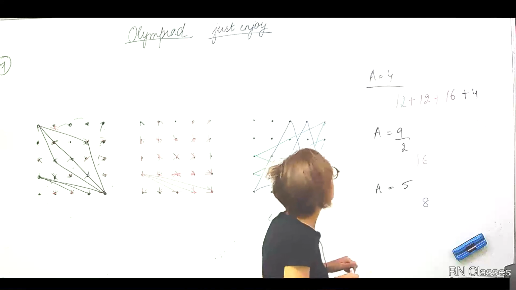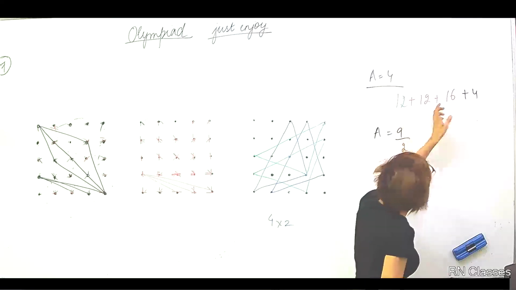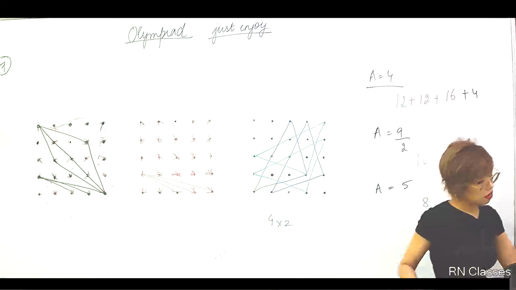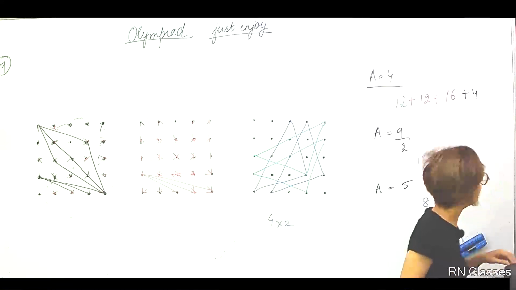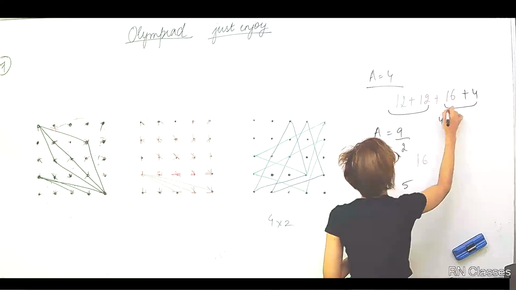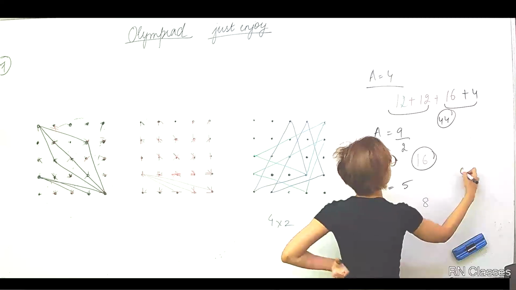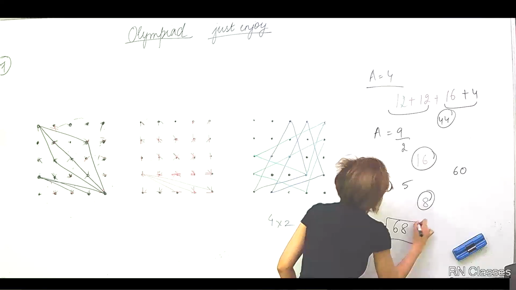Right? So let's get the answer now. So this is 24 plus 20. That is 44. Have I missed something? Why isn't my answer 16 plus 4? Let's see. This is 24 plus 20. That is 44. 44 plus 16, that is 60, and then plus 8, that is 68, yes.